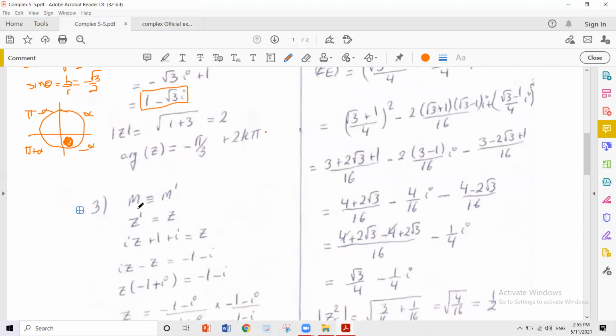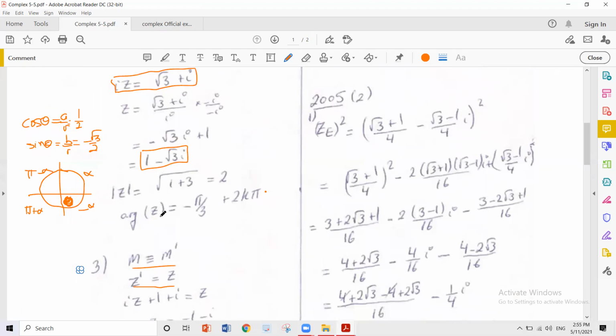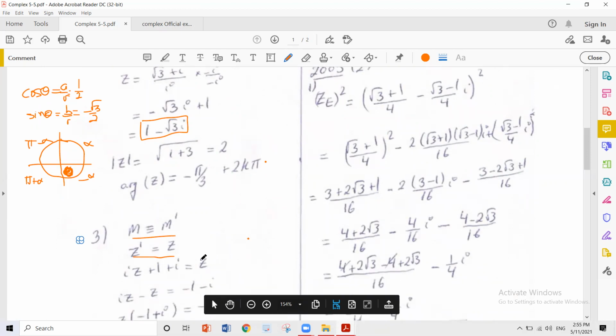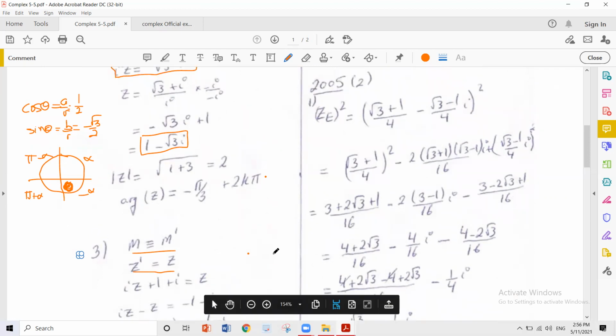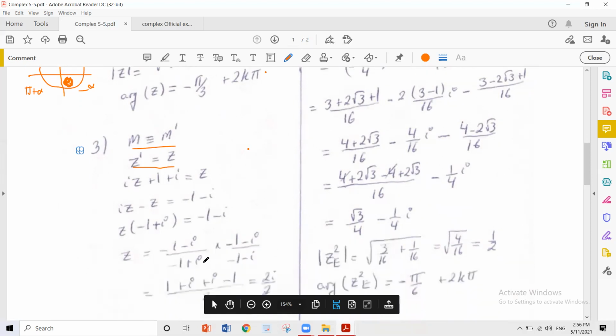So iz plus 1 plus I equals z. How to solve this equation? Take z to the left side: iz minus z equals minus 1 minus I. Then take z common: z times minus 1 plus I equals minus 1 minus I.